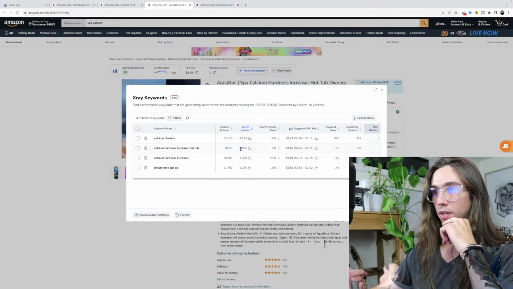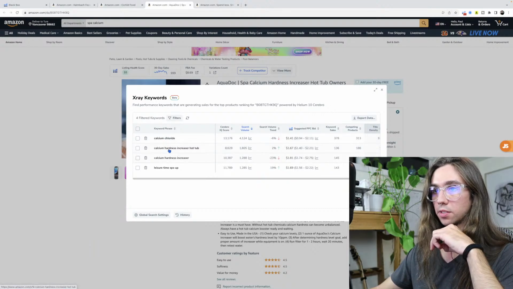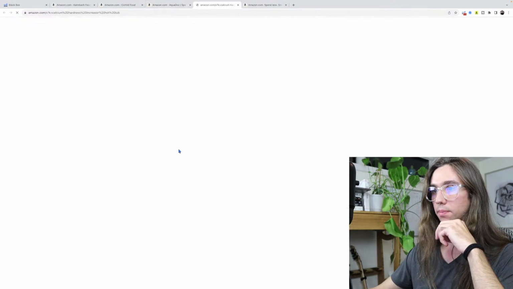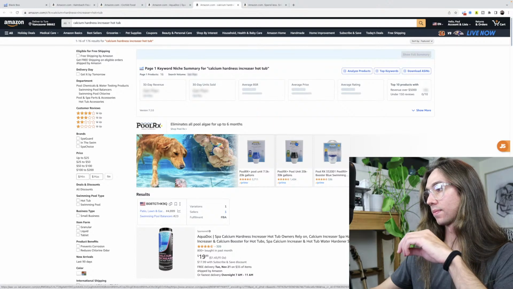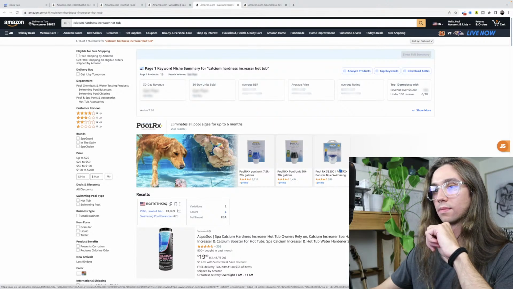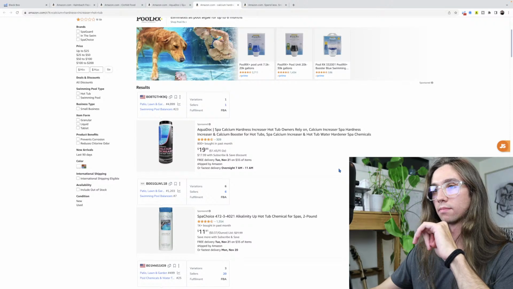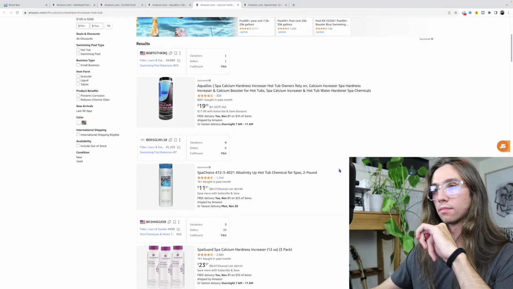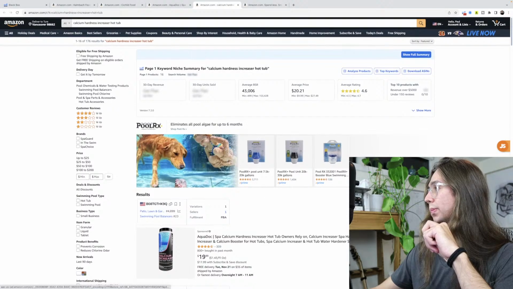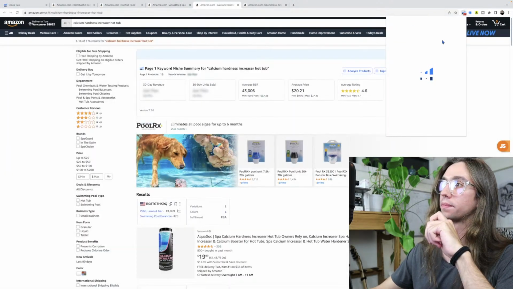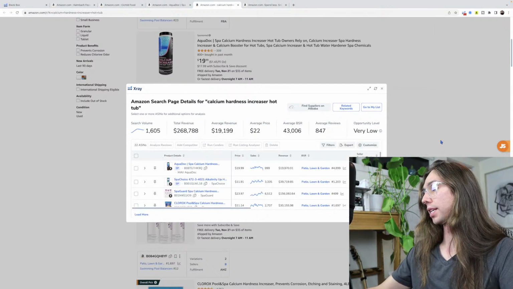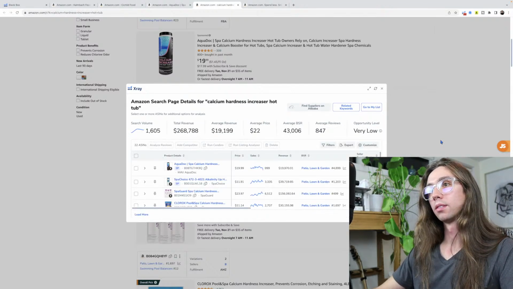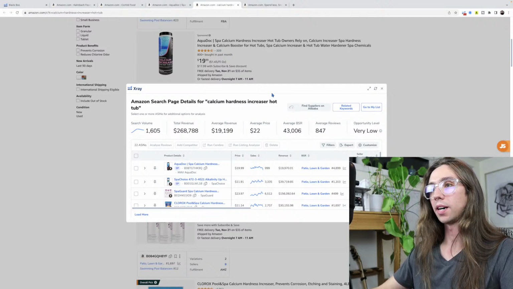Good question. So calcium chloride. Okay, here we go. Calcium hardness increaser hot tub. All right, let's check this out. Aquadoc is copping that top spot.